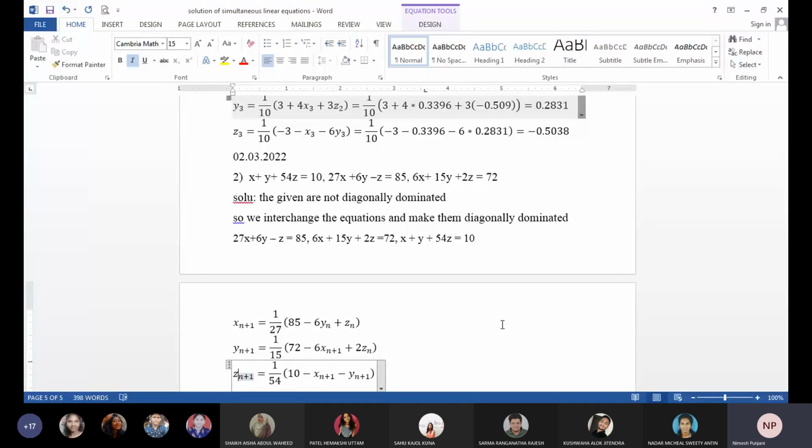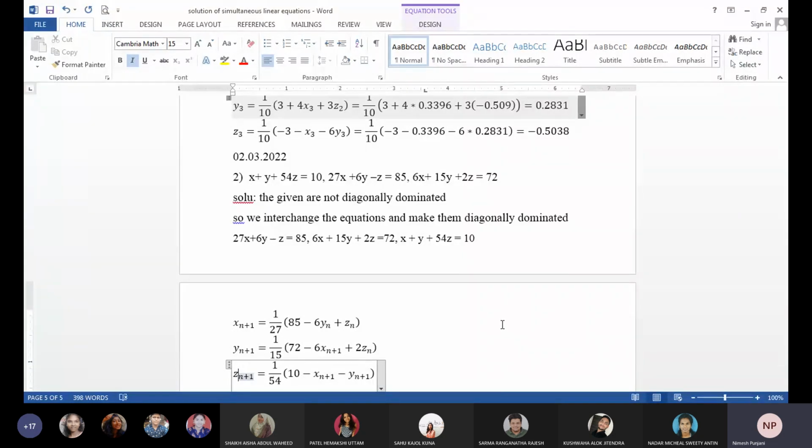So this was not diagonally dominated. You can clearly see that. So what was the first step here? The first step was to interchange the equations and convert this matrix to a diagonally dominated matrix, bolo or diagonally dominated system bolo.